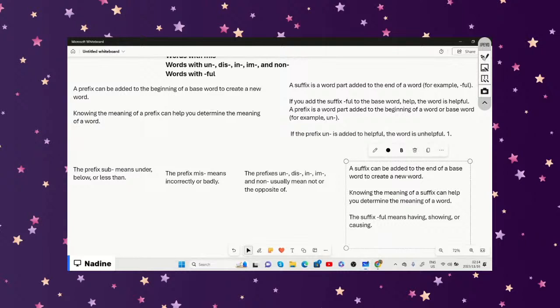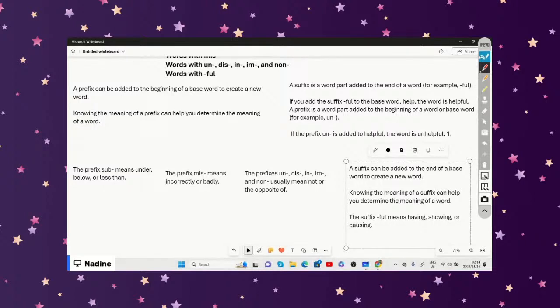All right, so for example, if we look at our prefix sub, we said sub can mean under, below, or less than.